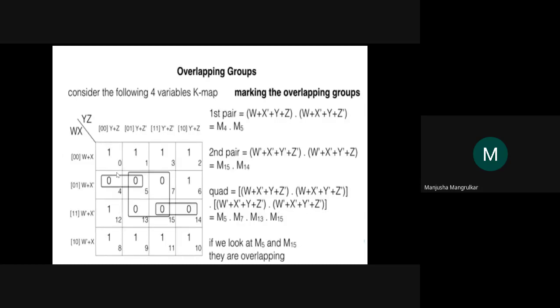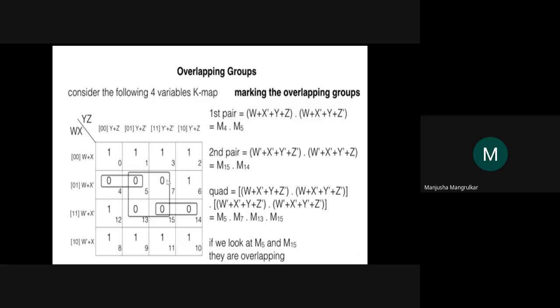Now here the overlapping group, right? So how will we do the overlapping group for this function, right? Now these fours are a quad. First we will see the maximum number of zeros. We will club them into one pair, right? So these four are very close to each other and this can be formed.